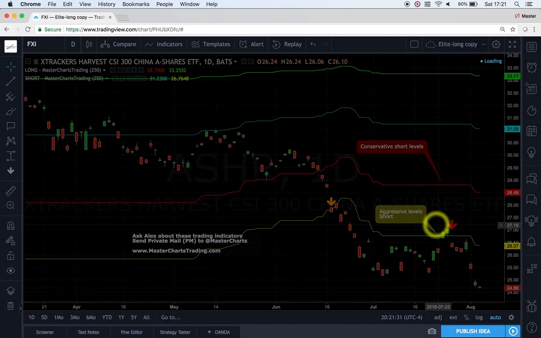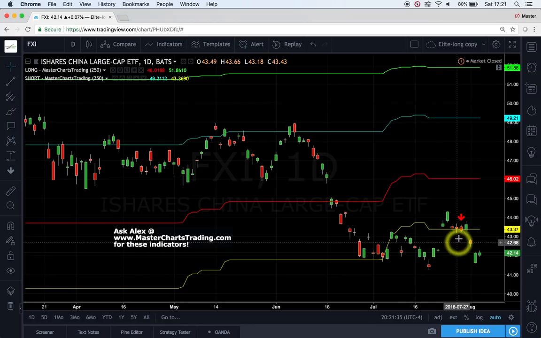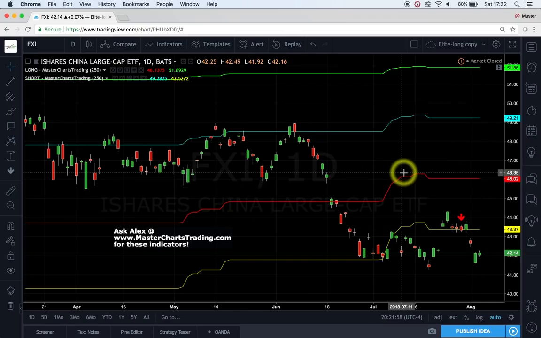Here's FXI, China large cap index, and a similar picture basically. There, I would have shorted it on the 30th of August for a few percentage gain. But again, I'm not an aggressive trader, and I'm also trying to avoid shorting equity as much as possible.